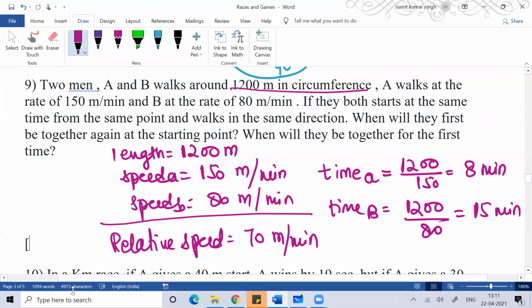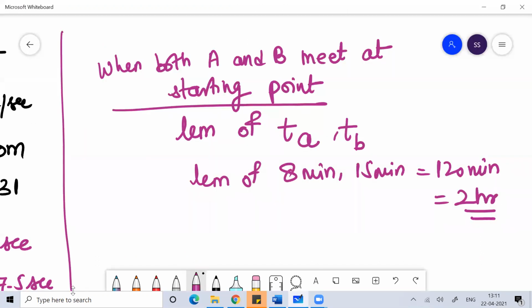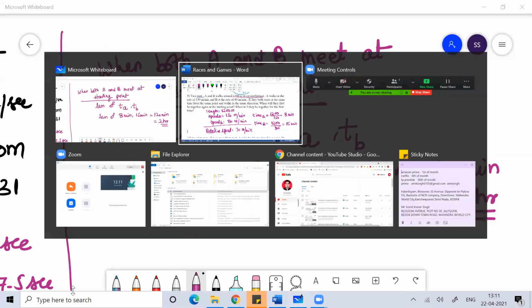Since 15 and 8 have no common factor, the LCM is the product of the two values, 15 times 8, which is 120. So they will both meet at the starting point after 2 hours.